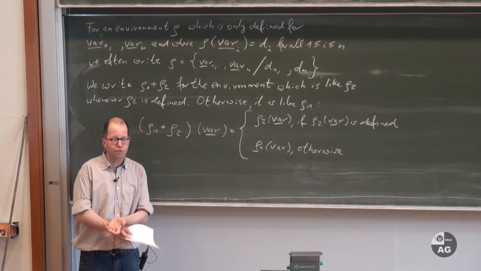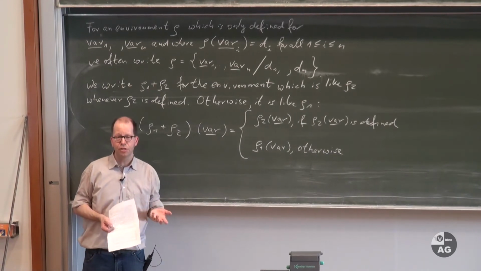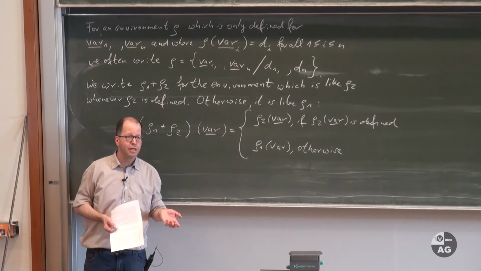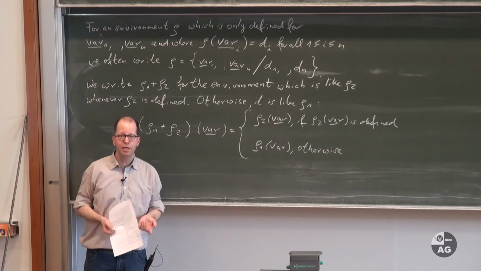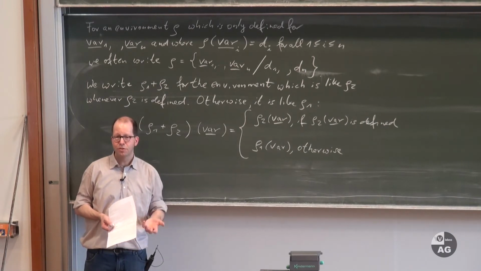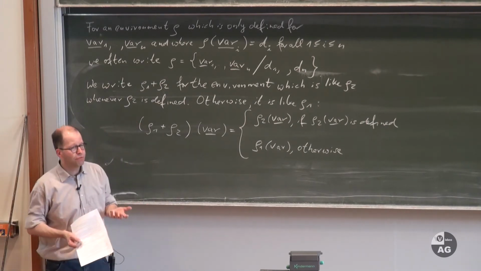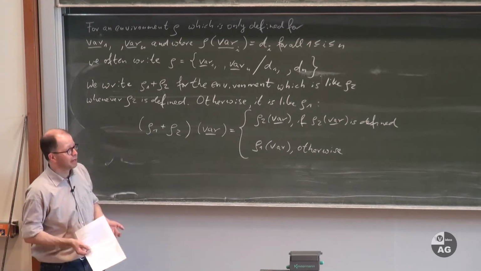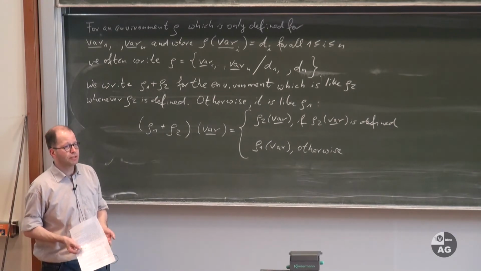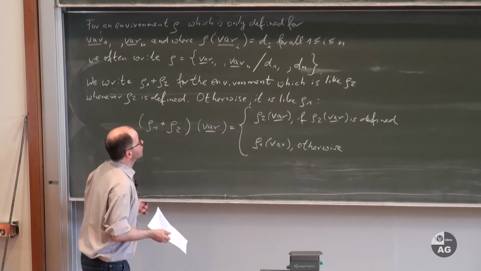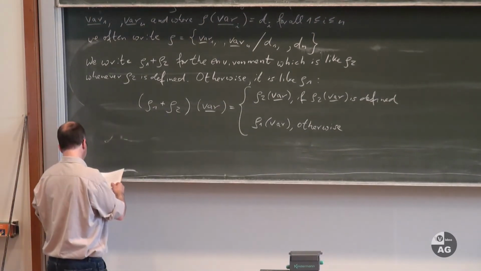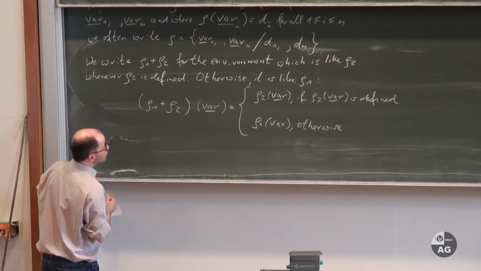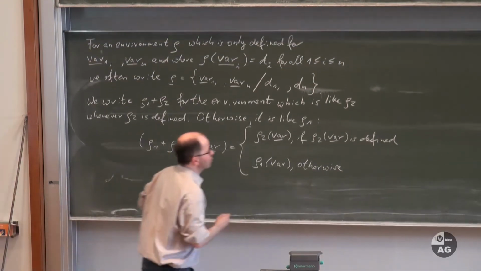So we start not from scratch, but we start with an initial environment. And this initial environment assigns the predefined meanings to the predefined functions. So this is what we start with, and then this initial environment is extended by user-defined definitions. So we start with this initial environment in the beginning, and this initial environment, we denote this by small omega.